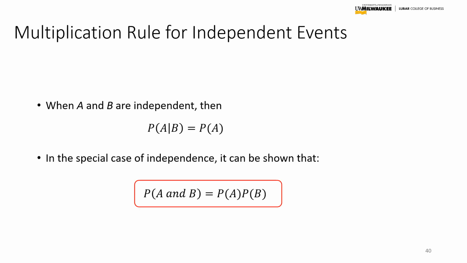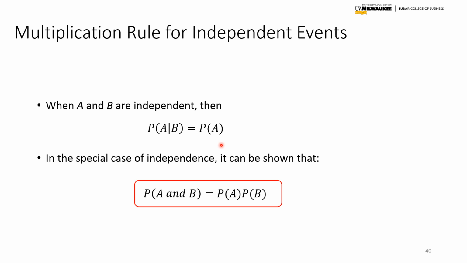Let me note one basic probability result. We have to start with the idea of what independence means. If we have two events A and B being independent, it means that the probability of A occurring given B has occurred is equal to the probability of A. That means the occurrence of B, or also the non-occurrence of B, doesn't impact the likelihood of A occurring.